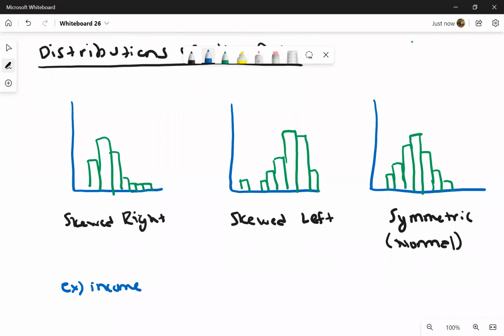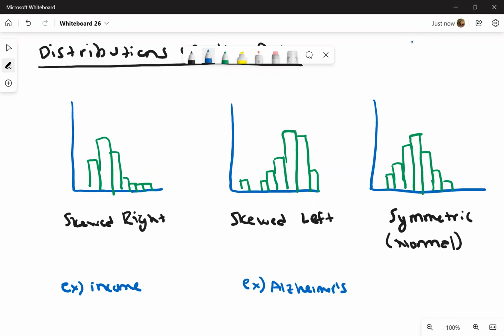So income is a naturally skewed right piece of data. A good example for skewed left is Alzheimer's disease. People who get Alzheimer's tend to be older in age, but there are some people who get it younger. It's rare, but they do exist. So Alzheimer's tends to be skewed left.